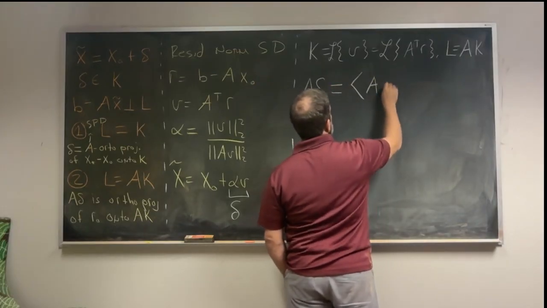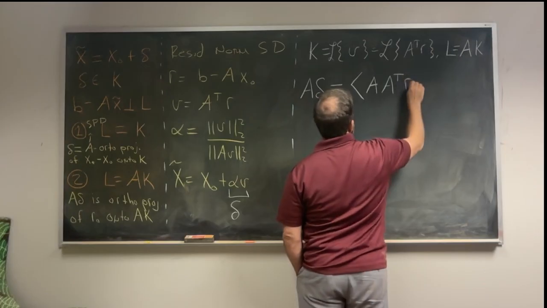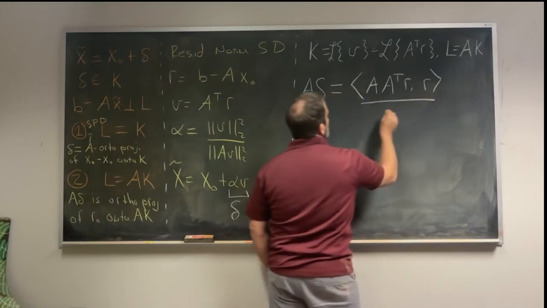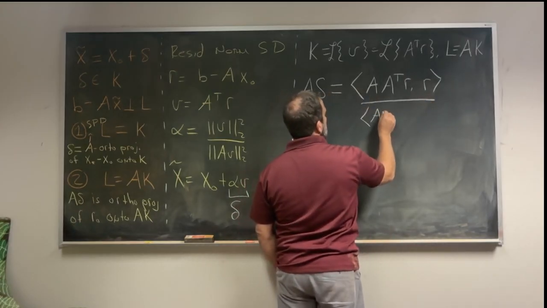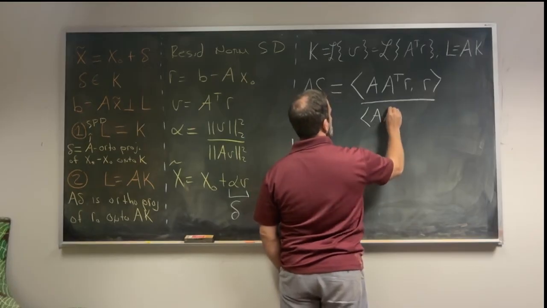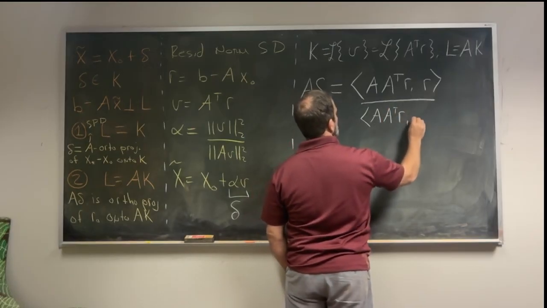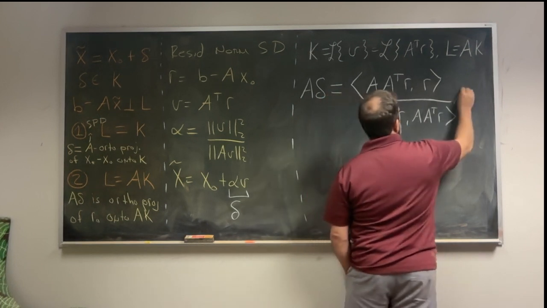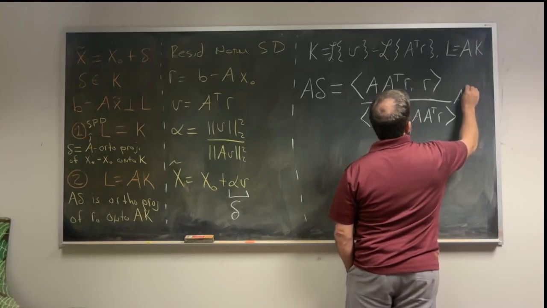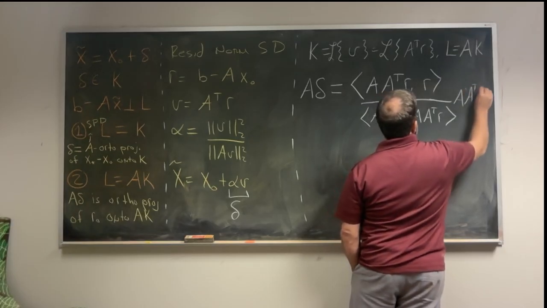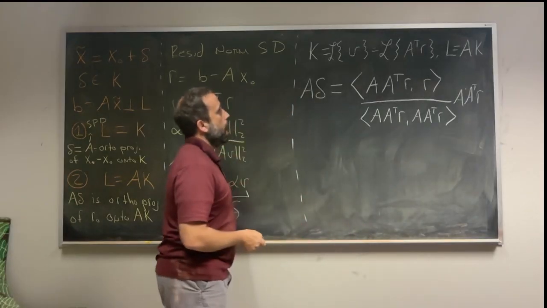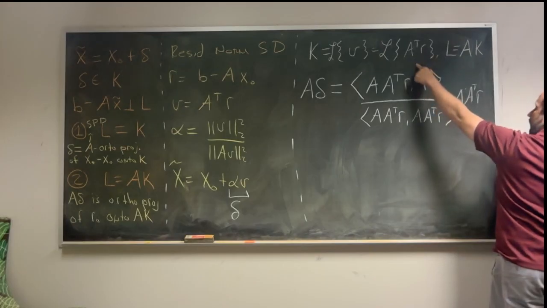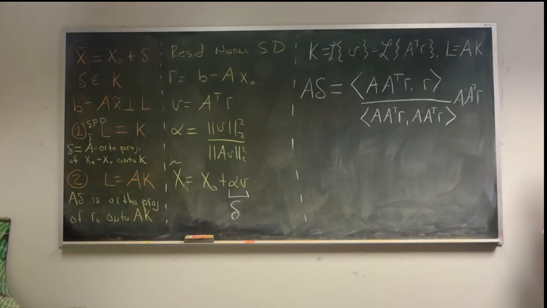It's A transpose R, and then times R over here, divided by A transpose R, A transpose R, and then times A transpose R. Again, we are projecting onto L. L is A times K. In other words, it's the linear span of A transpose R. And this is just the one-dimensional formula.